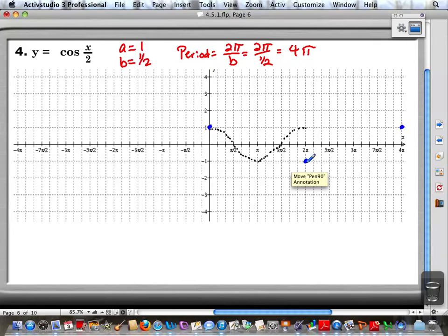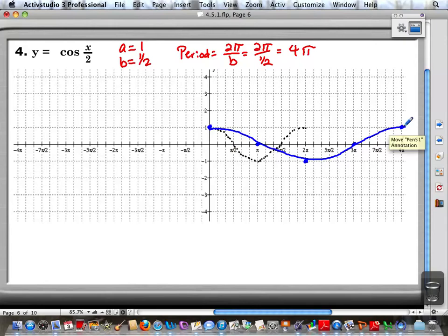If we go back and look at the original, here was my minimum, here was my maximum, and halfway in between is where I crossed the x-axis, my 0. Well, halfway between 0 and 2 pi is at pi. So here I'm going to cross. Halfway between 2 pi and 4 pi is 3 pi. So there's where I'm going to cross. So now my new graph looks something like this.